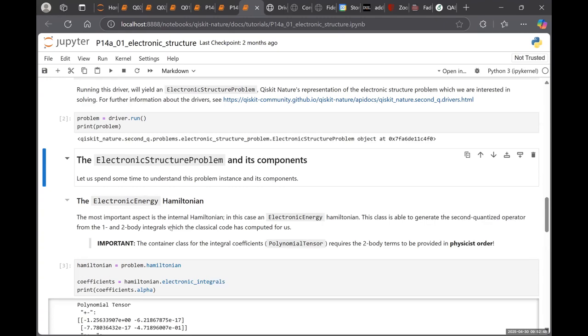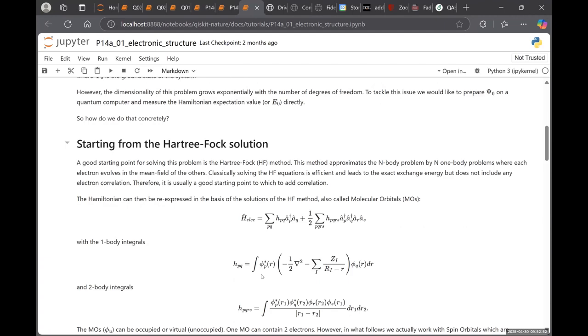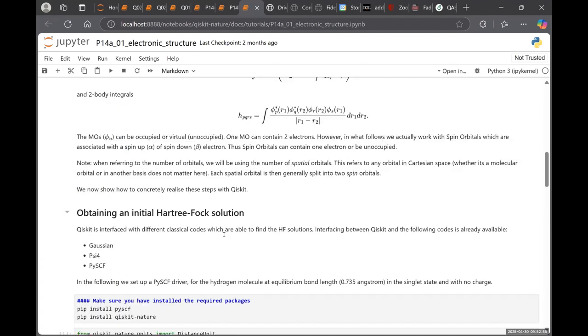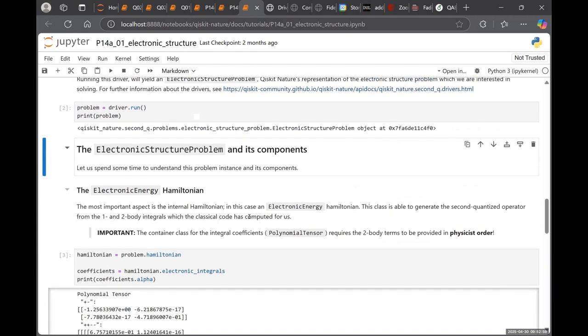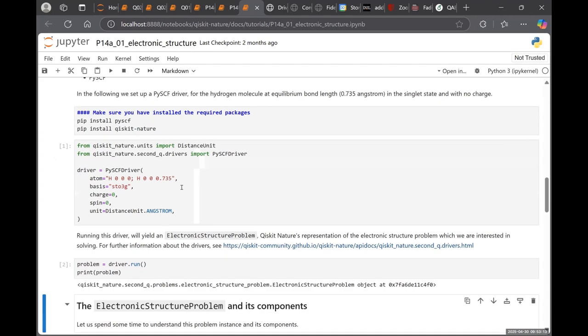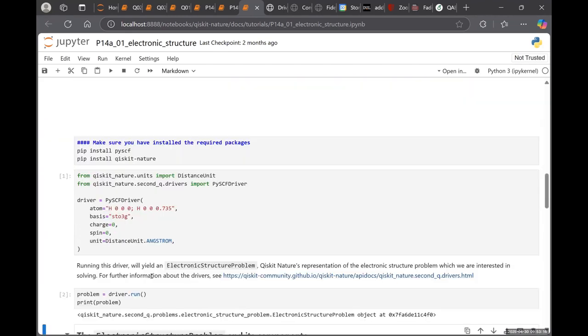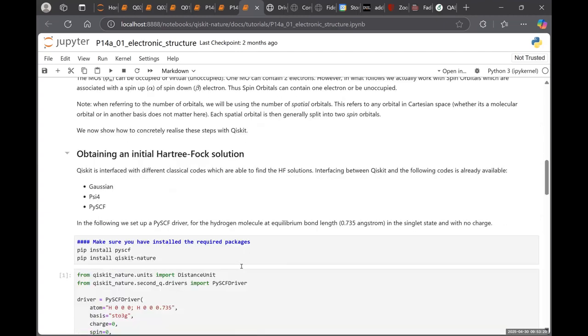So the most important is this Hamiltonian, which we're getting here. There's a class, ElectronicEnergy. This class is able to generate the second quantized operator from the one-body and two-body integrals. So once you have run this, you have these one-body, two-body integrals.